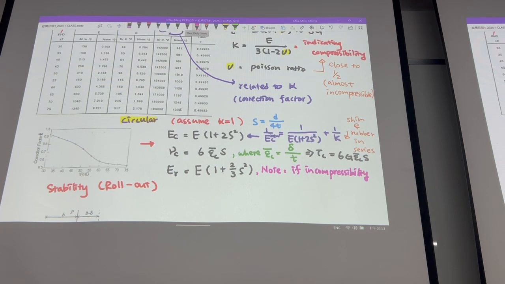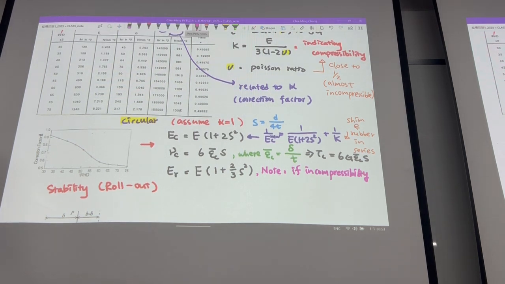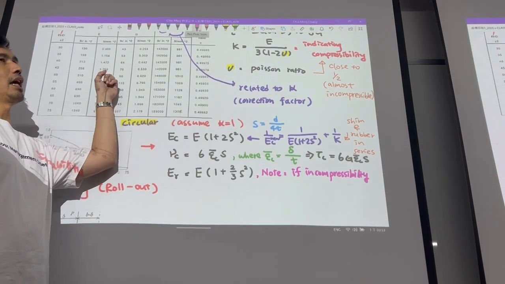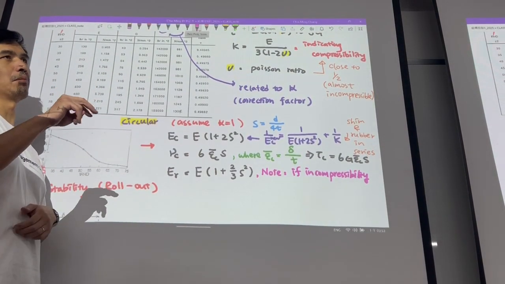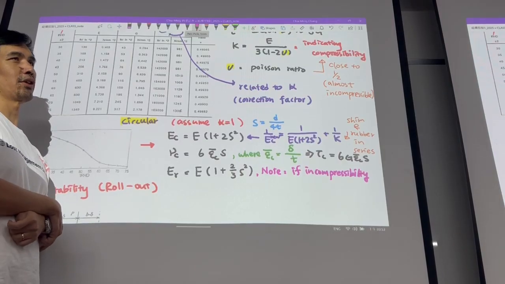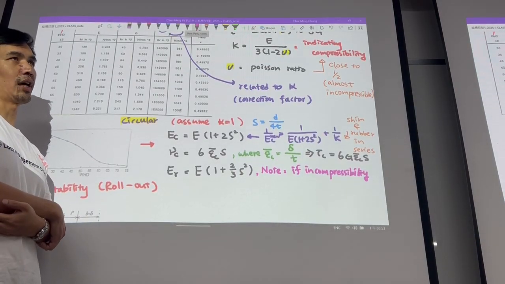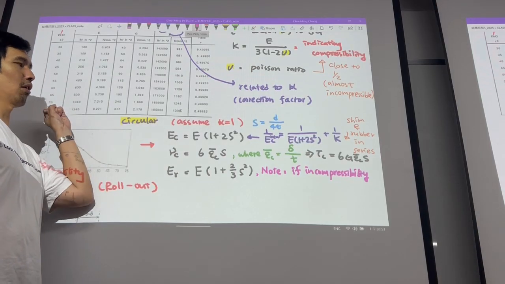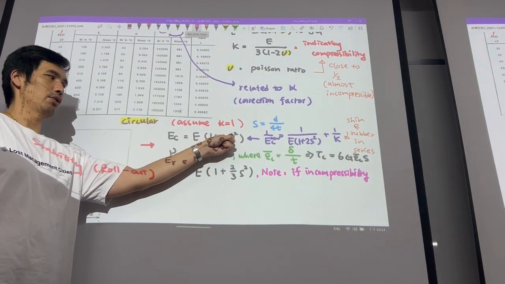You don't have to remember any equations here, but you have to know, first, what you get from the material table. You cannot directly use it in the design, okay? Because it's related to the hardness, it's related to your shape factor.